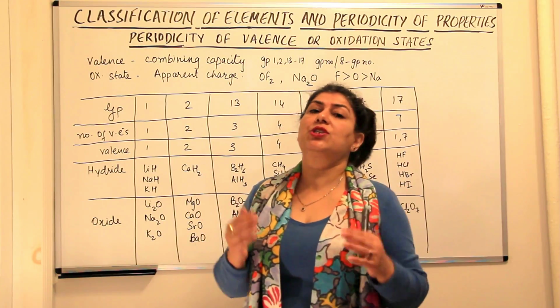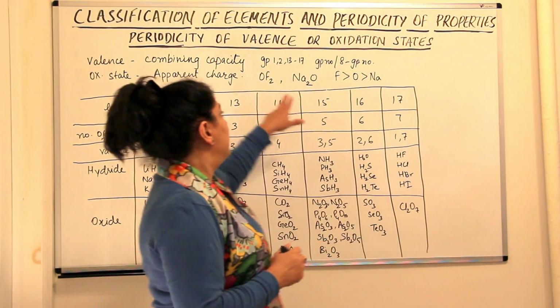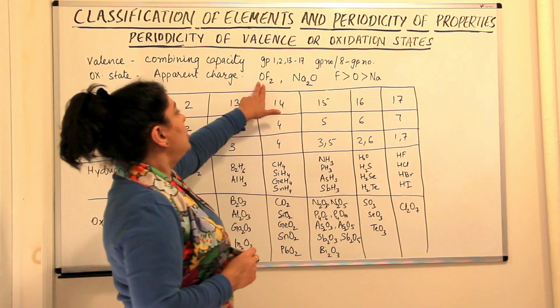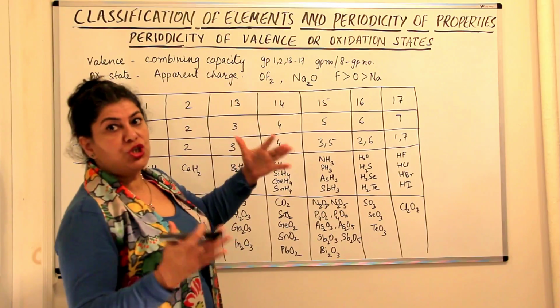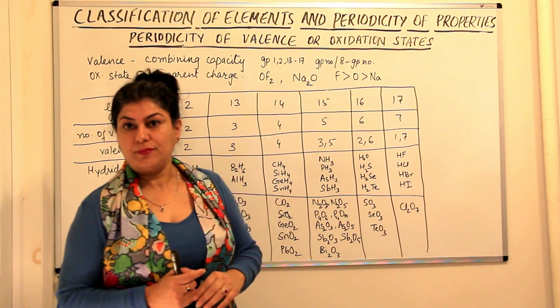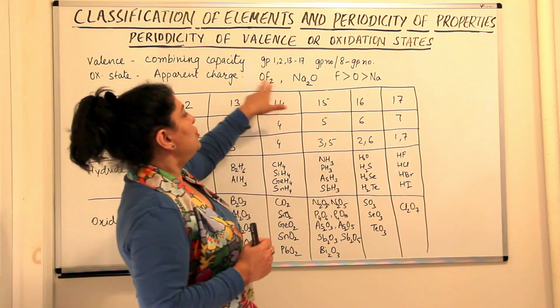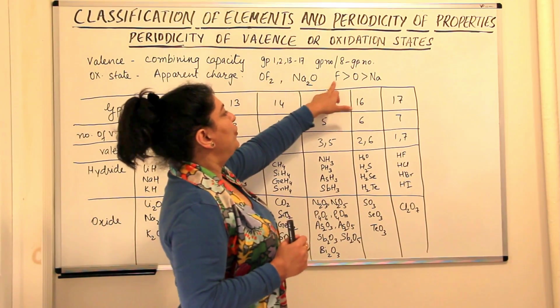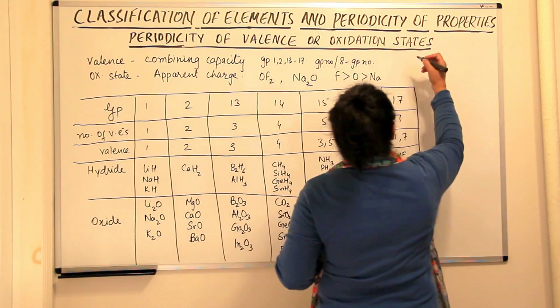When do oxidation states become really significant? When you have elements like, let us see this one example. Oxygen combines with fluorine to form OF2, and oxygen also combines with sodium to form Na2O. Now what is the difference in these? Out of these 3 elements, that is fluorine, oxygen and sodium, let us write down the electronic configurations.